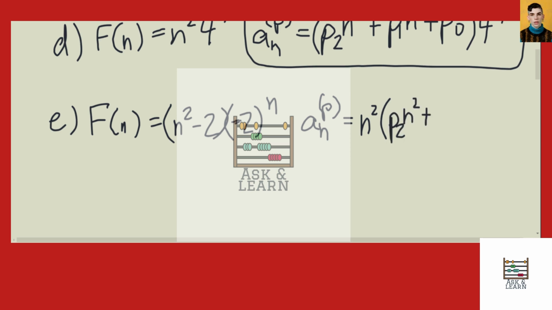And so the general form for a particular solution is n^2 times (p2 n^2 + p1 n + p0) times (-2)^n.